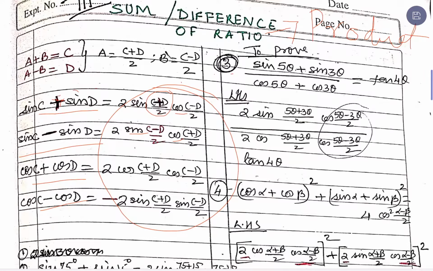So obviously the alternate sign, that is C minus D, is associated with the cosine function. Likewise here left hand side it's sin C minus sin D. So the minus sign is associated with the sine ratio. So the angle associated with sine is (C - D) on 2. Hence (C + D) upon 2 will be associated with the cosine function.